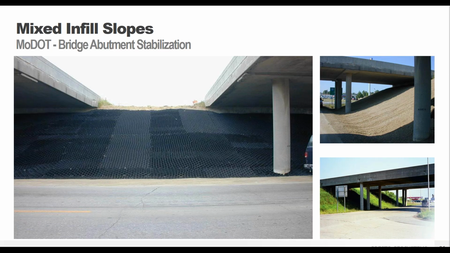And with the system in place, the water erosion is prevented around those abutments, reducing your overall maintenance costs. This entire project was actually a mixture of topsoil with vegetation and aggregate infill, with the aggregate being used below the bridges where that vegetation would have been difficult to establish. So they were able to go between stone and soil where they needed it.